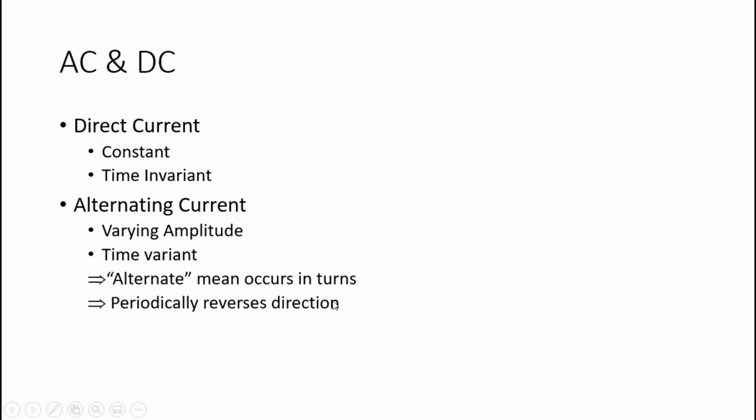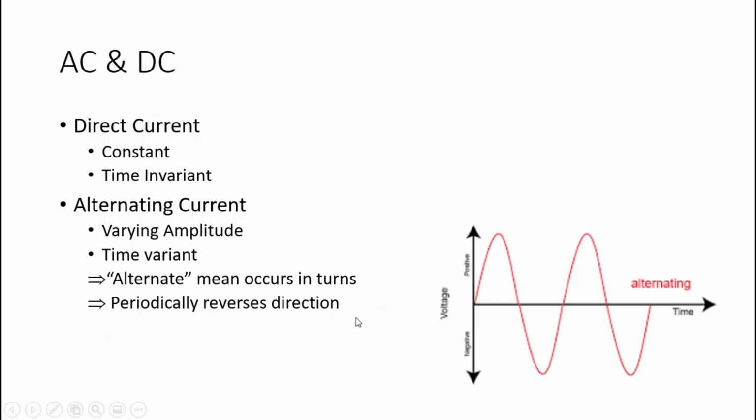In order to explain this point, periodically reverse the direction, I have to consider this image. For example, for the time being, consider it's a current, not a voltage, on the y-axis. So you can see the current is moving in one direction for some specific time period from 0 to 1 second.